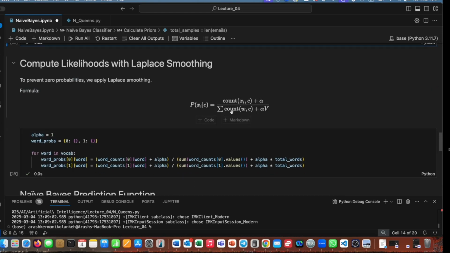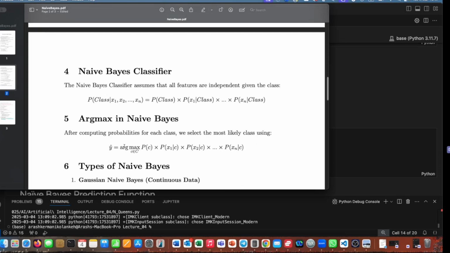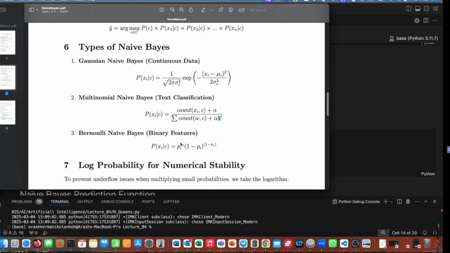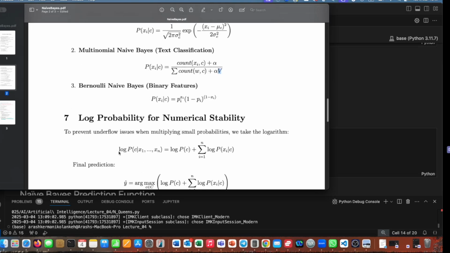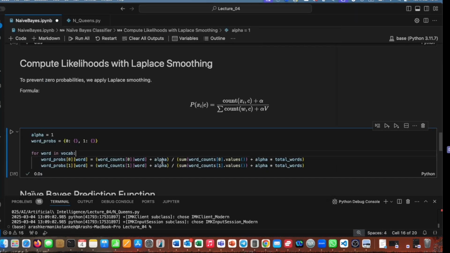Then we can calculate this one. Why do we need this one? We need it for here, or actually for this formula after applying log to find out the probability of each class. This is for class 0, this is for class 1. So we look at this formula and find out where is what.